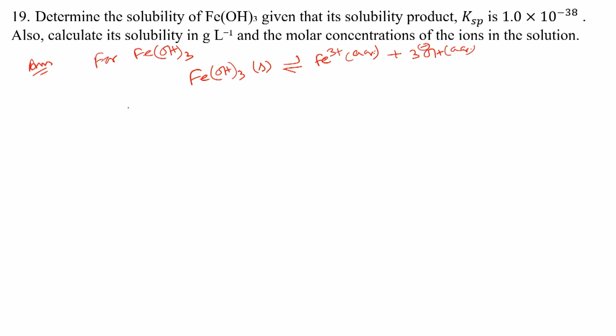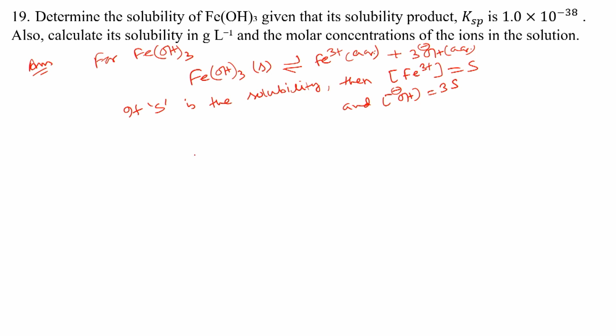So if S is the solubility, then the concentration of Fe3 plus is S and the concentration of OH minus is 3S.